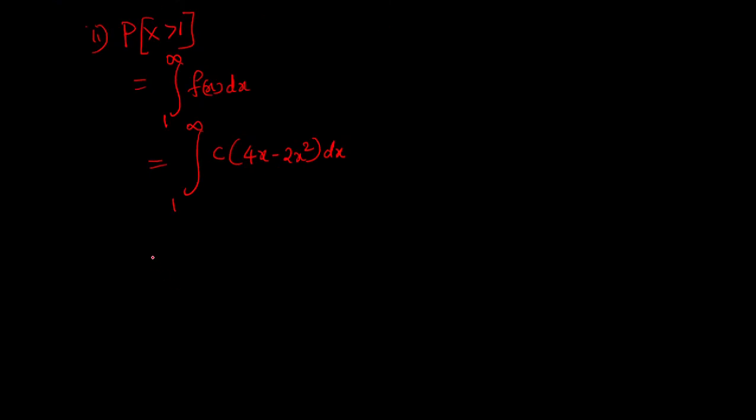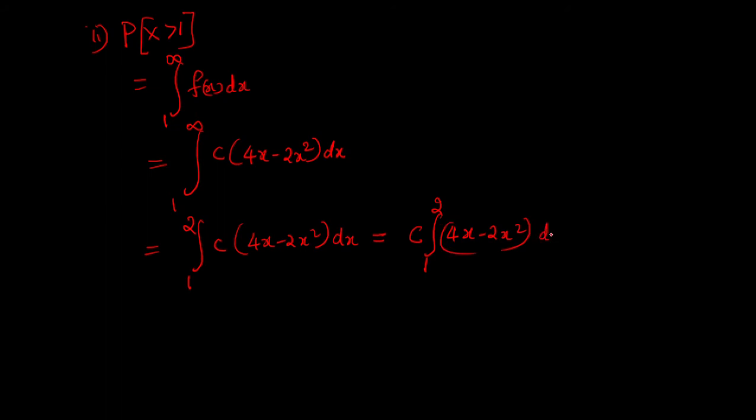Therefore, we can again update it as integral 1 to 2 c into 4x minus 2x square dx. Taking the integral, c being constant, we can take it outside. And integral 1 to 2 4x minus 2x square dx.